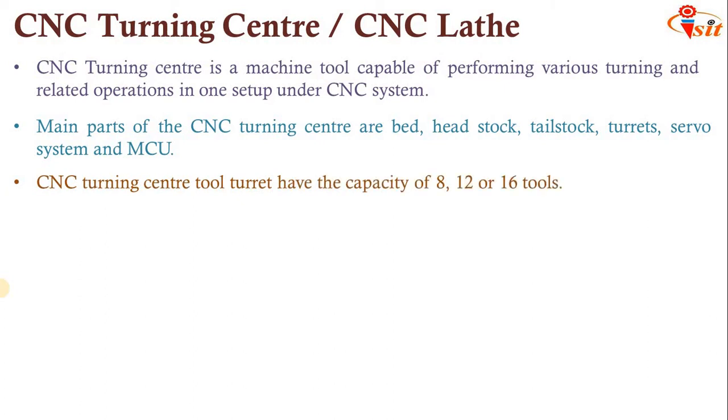The CNC turning center tool turret has a capacity of 8, 12 or 16 tools. These CNC turning centers are designed mainly for machining shaft type workpieces which are supported by a chuck. It is capable of producing cylindrical parts in greater volume with high accuracy.